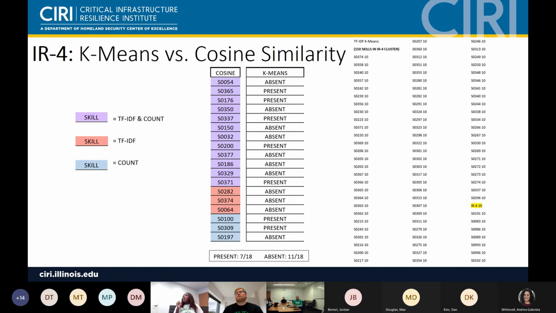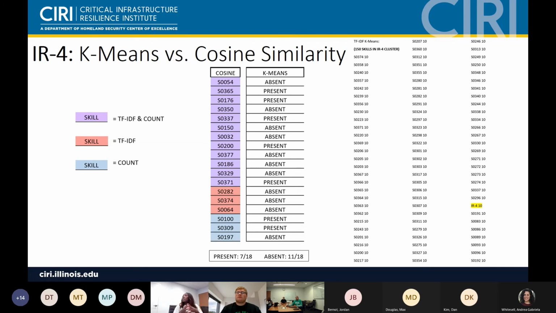So all of these skills here in the middle are from that cosine similarity grouping, and we wanted to compare and see if those skills would fall within the K-means clustering that took place.